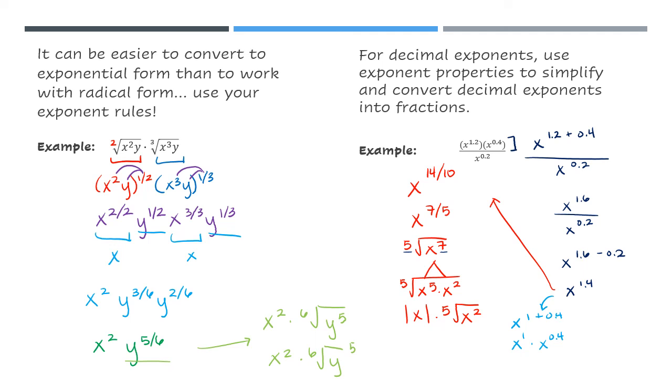Okay, but 0.4 as a fraction is, we said earlier, 4/10, but that's also 2/5. 4/10 simplifies to 2/5. So I can break this now into that radical form, and I'll end up with, again, absolute value of x times the 5th root of x squared. So same answer.